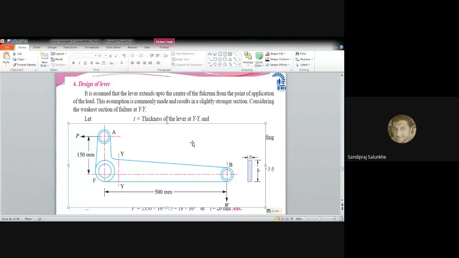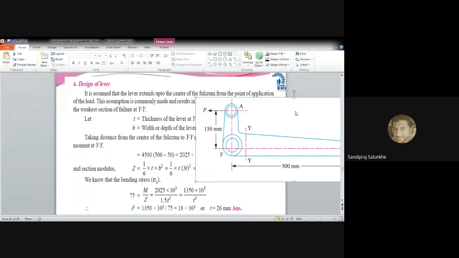Okay, this is the lever, where we are going to get the maximum bending, and that we are going to get at this point. Am I right?